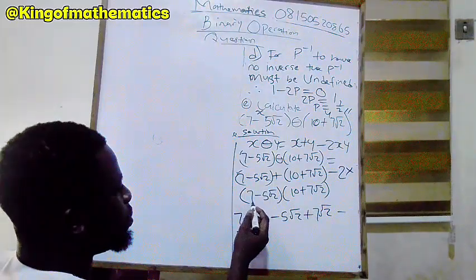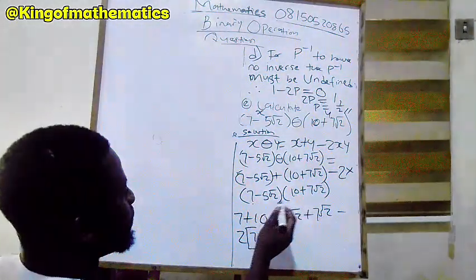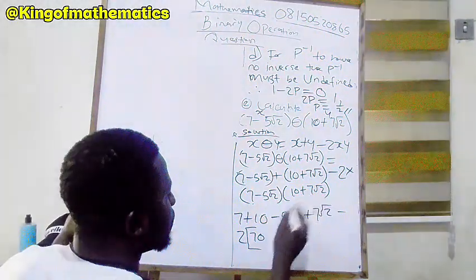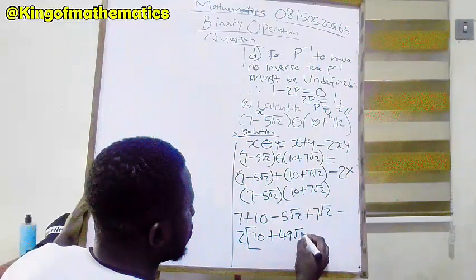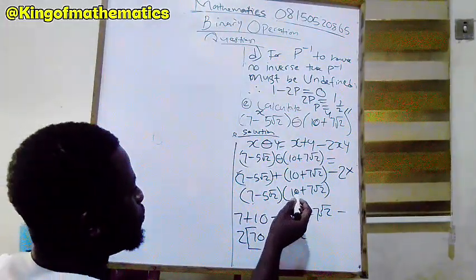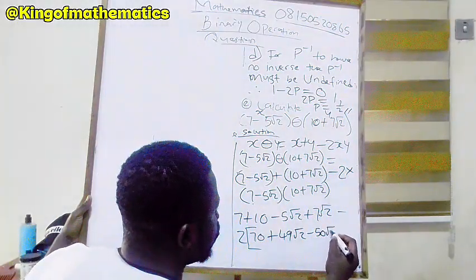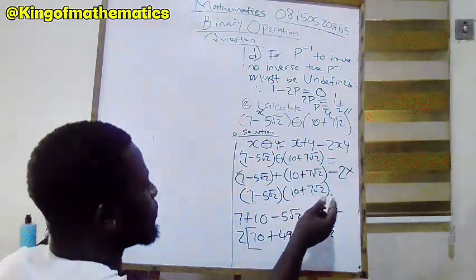So 7, you take this one, use it to multiply the two of them, and you take this one, use it. So 7 times 10 will give me 70. 7 times 7 root 2, that's plus 49 root 2. Then I'll take this one again, minus 5 root 2 times 10, that's minus 50 root 2. Then minus 5 root 2 times 7 root 2.